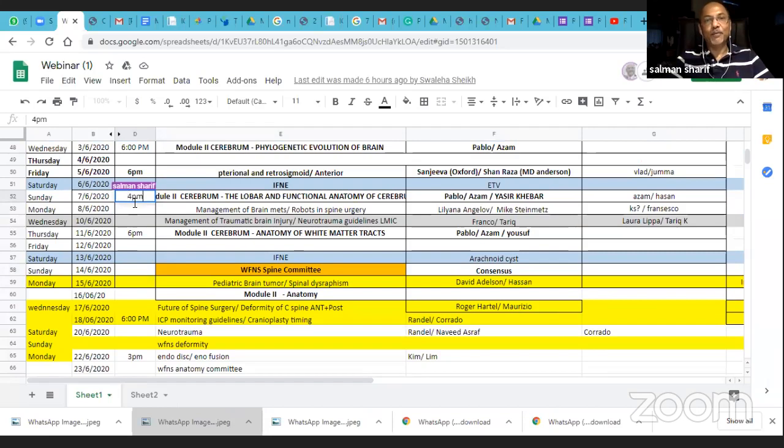And then on Monday, we have Liliana Angelo and Mike Steinmetz from Cleveland Clinic. Mike is going to be talking about robots and spine surgery. And Liliana Angelo, who's the neuro-oncology chief there, will be talking about management of brain mets. Wednesday, we have Franco Cervedi, who's going to be talking about management of traumatic brain injury.